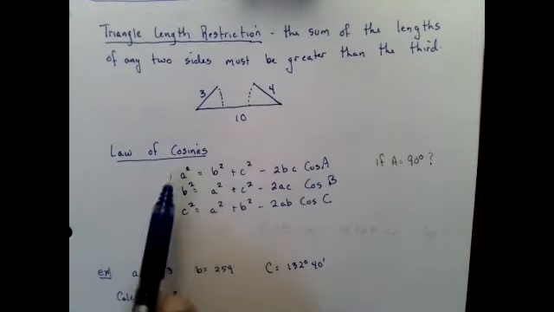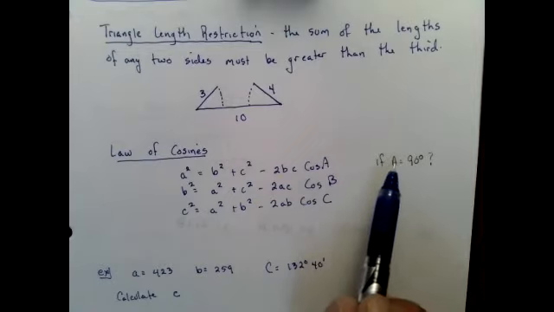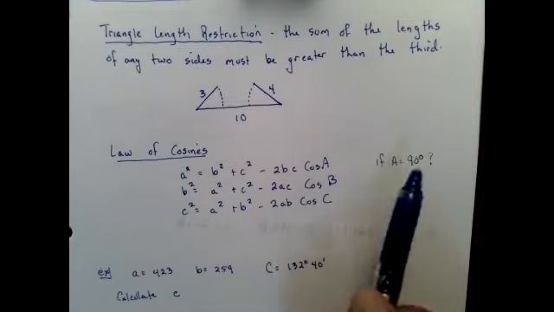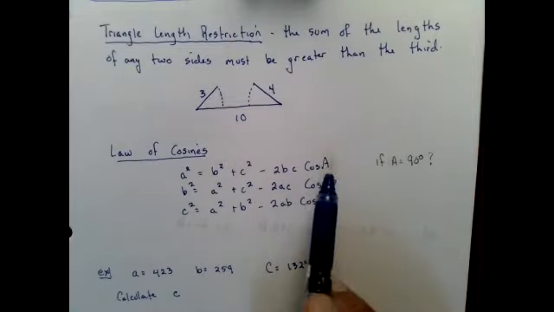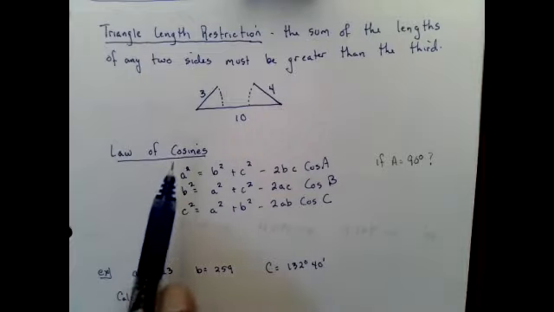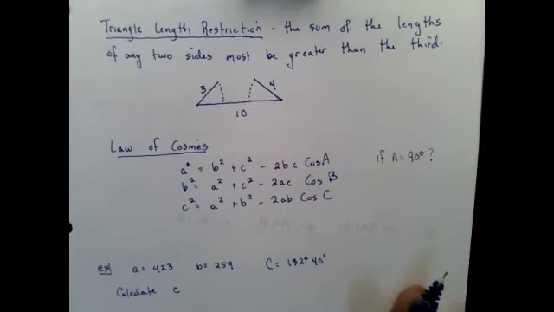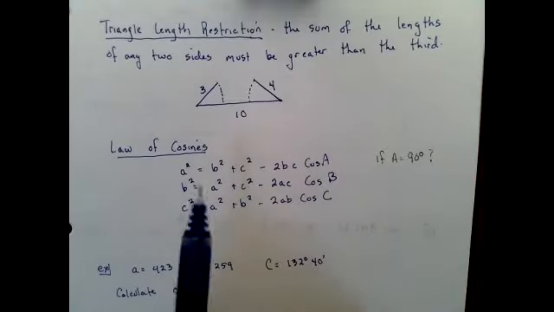If I'm looking at this triangle and angle A was actually 90 degrees, it's not, because we're not using right triangles in chapter 7, but if it was 90 degrees, the cosine of 90 degrees is 0. All of that would be gone, and A would be my hypotenuse across from the 90 degrees. So this looks kind of familiar. When we're learning it and using it, you'll be able to come up with it.